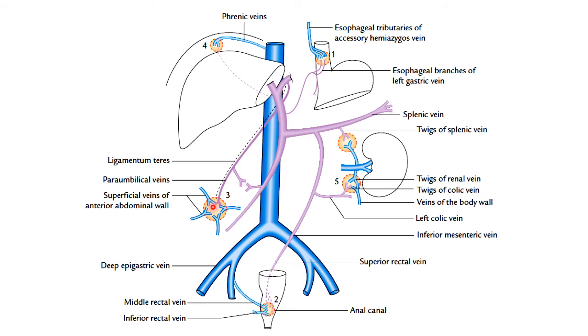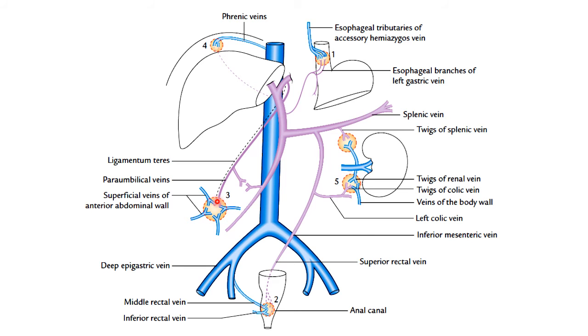In portal hypertension, when there is obstruction to the flow of portal blood, the blood pressure in the portal vein rises. So in portal hypertension, these veins around the umbilicus become distended and tortuous.